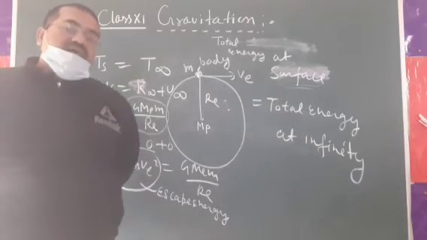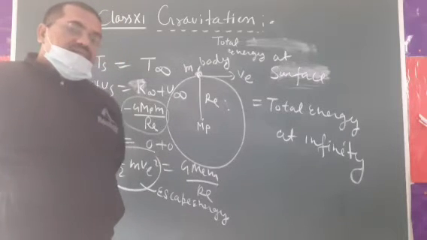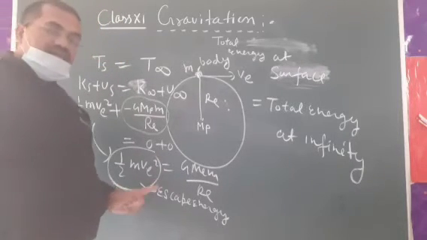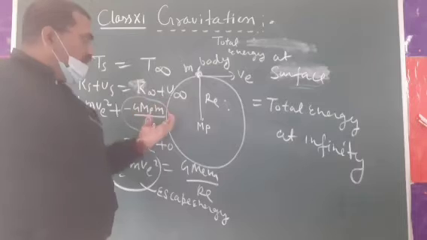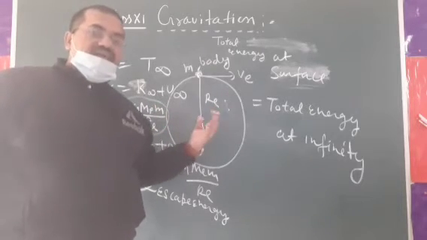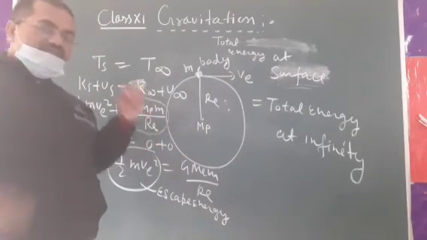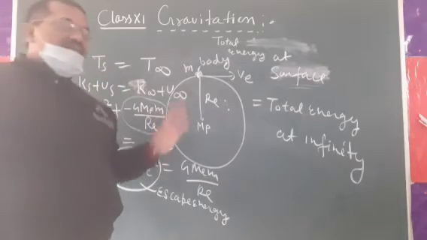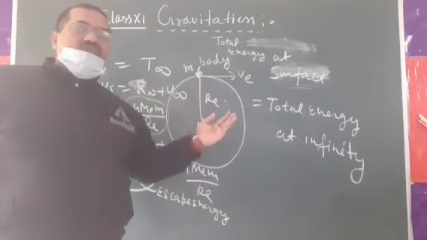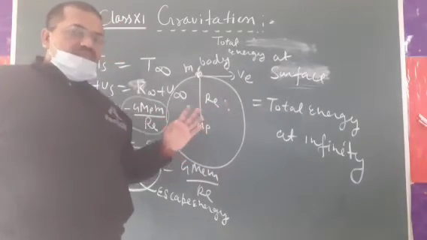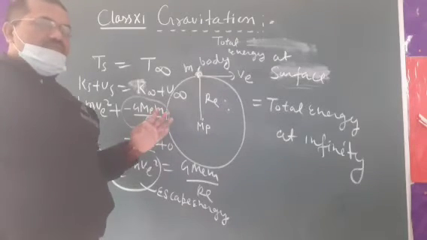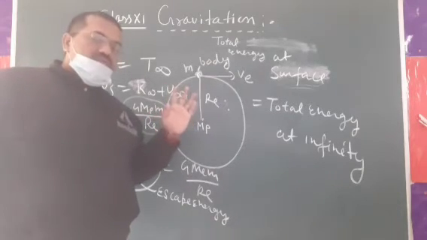Minimum energy required so that the body goes to infinity, that is, leaves the gravitational field. At infinity kinetic energy will be 0 because speed will be 0, and potential energy is 0, so total energy at infinity is 0.